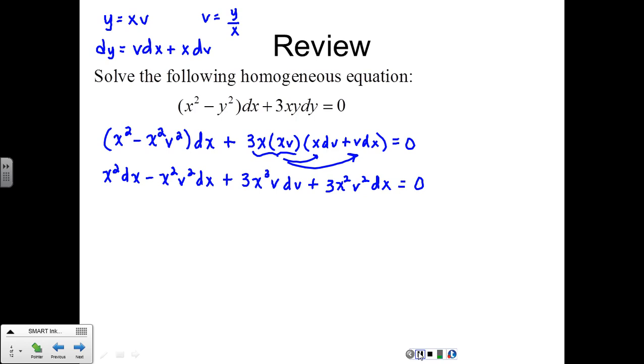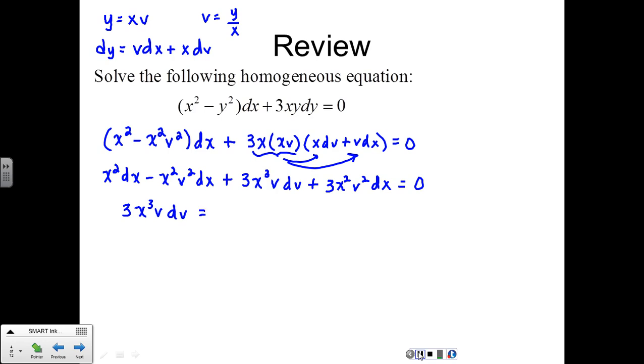Any algebra, anything I can combine here? x squared v squared dx. You could just take that 1 away, so that would be 2, right? So I'm going to do 3x cubed v dv. Keep that on the left side.